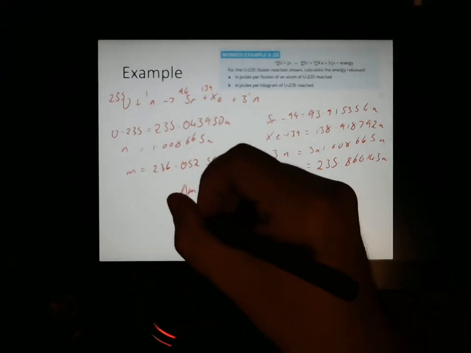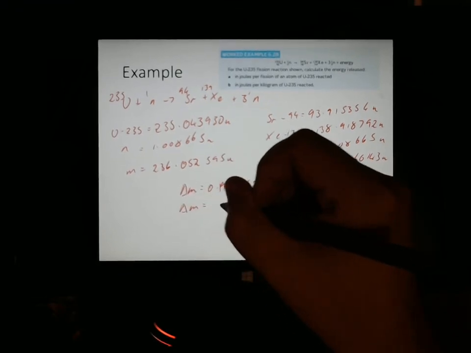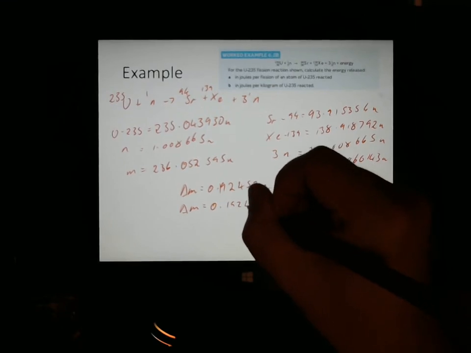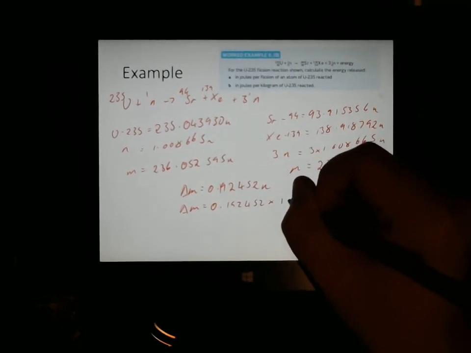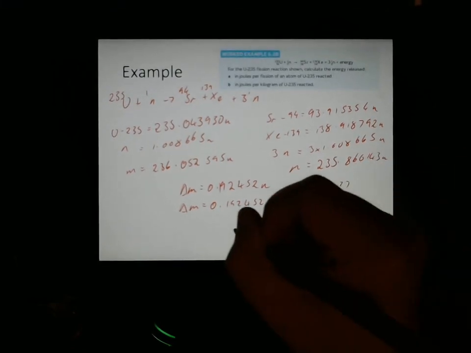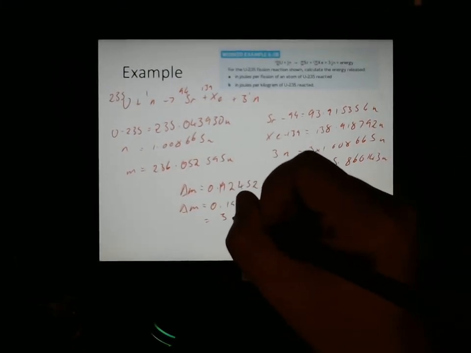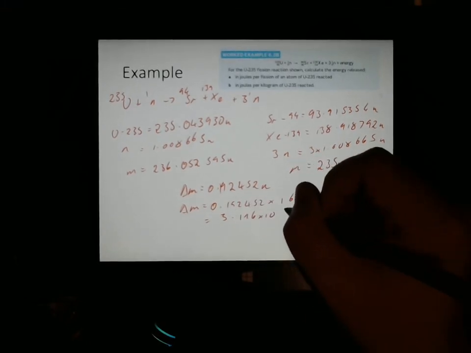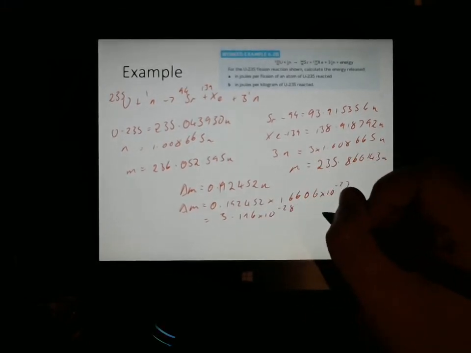So delta M is going to equal 0.192452 times 1.6606 times 10 to the negative 27 equals 3.196 times 10 to the negative 28 kilograms.